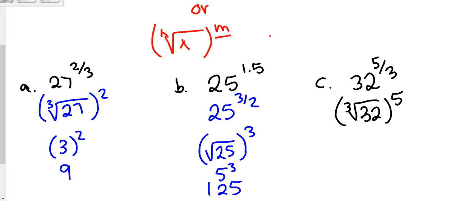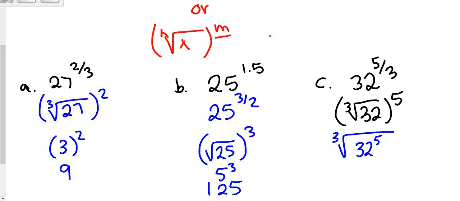Unfortunately, there is not a cube root because 3 times 3 times 3 is 27, and 4 times 4 times 4 is 64. So 32 falls in the middle somewhere, so I don't have an option to take the cube root. I can switch the order of these and say that I need to take the cube root of 32 to the 5th.